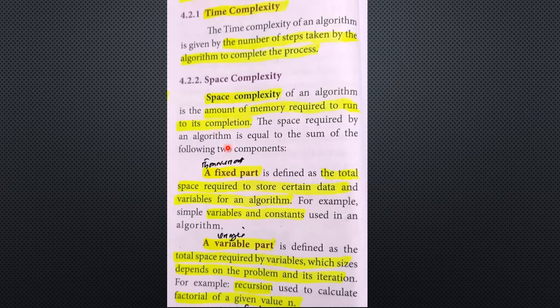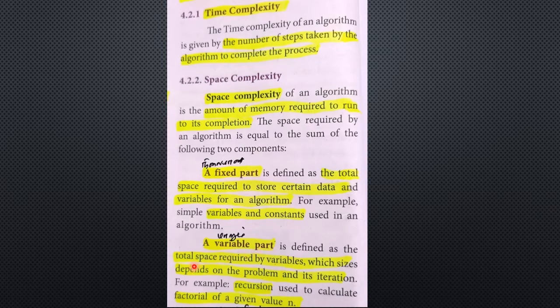In space complexity we also have two components: one is the fixed part and the next one is the variable part. The fixed part is the total space required to store certain data and variables for an algorithm. Here we are using only variables and constants. But in the variable part, suppose a variable is stored in the program, and at the end of the program the variable value is changed, so the total space also changes.